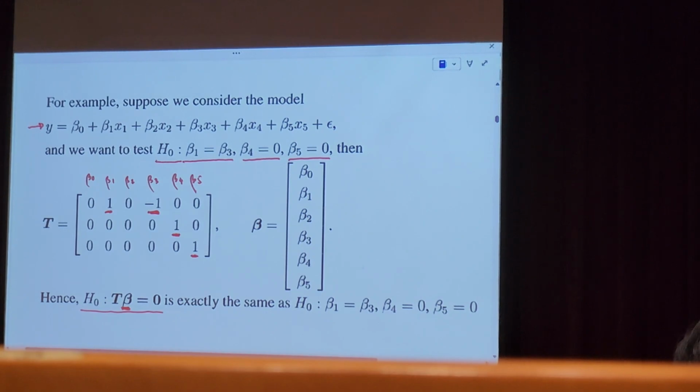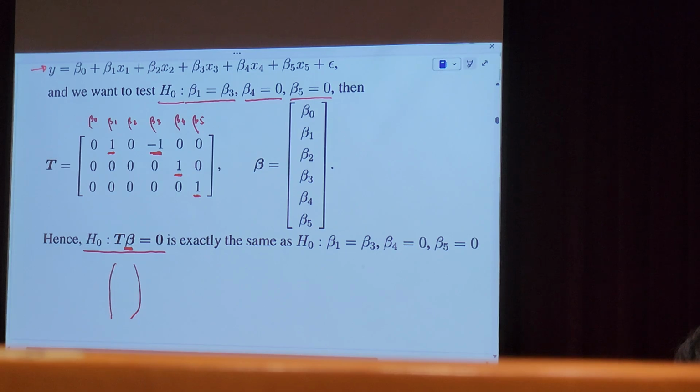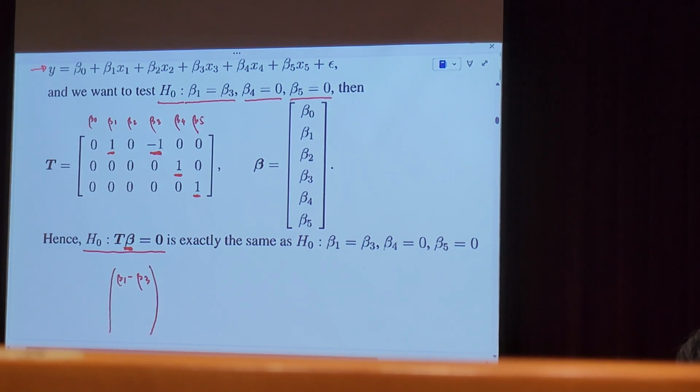Let me just write down the vector. So what is T beta? T beta is beta 1 minus beta 3, the second row will be beta 4, and the third row is beta 5.